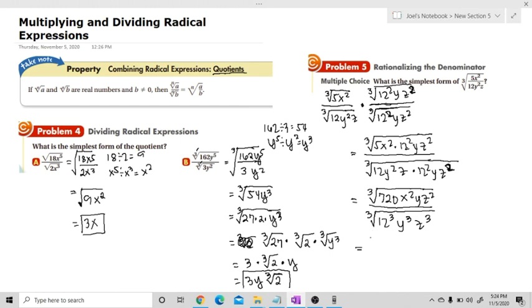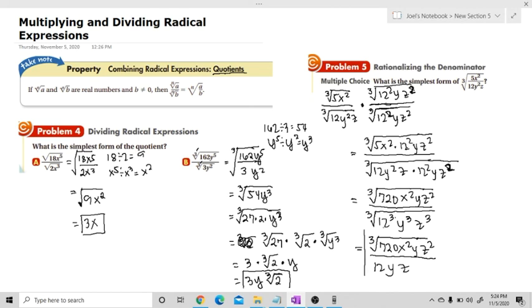Copy the numerator, 720x squared y z squared, all over. What is the cube root of 12 cubed? It is 12. The cube root of y cubed is y. The cube root of z cubed is z. And this will be the answer.